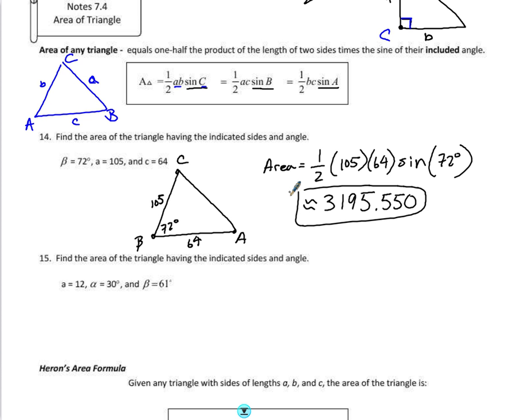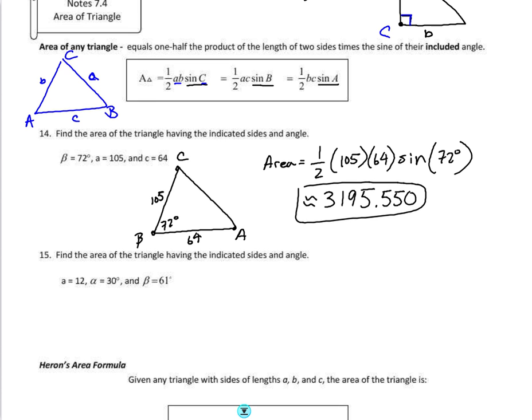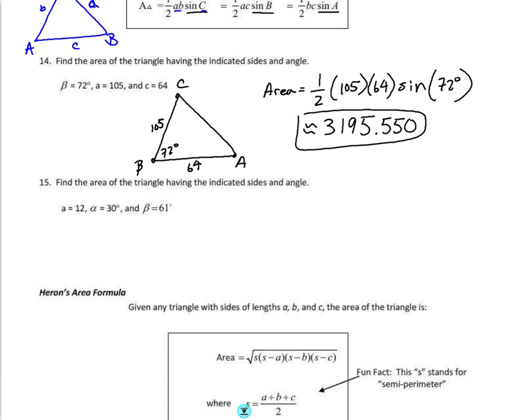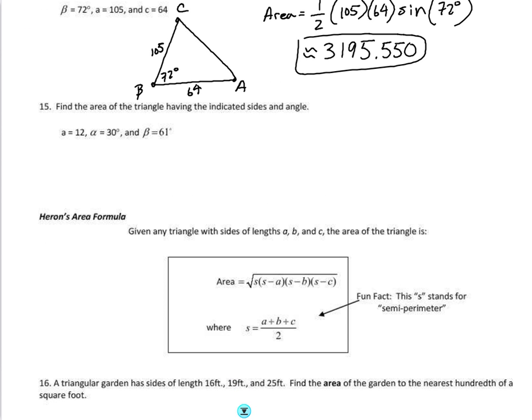So go ahead and try that for number 15 now. Same type of process. Once I feel like everyone's got something written down, I'll show you what I have. Always make sure you draw a picture.